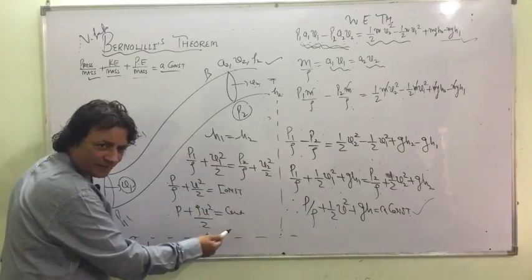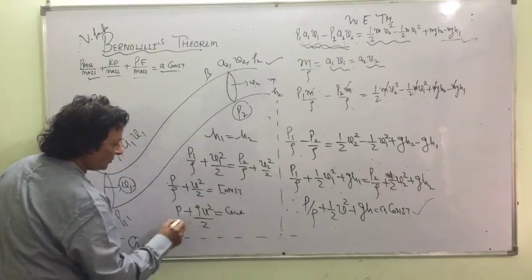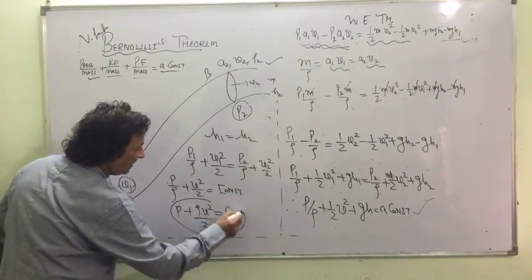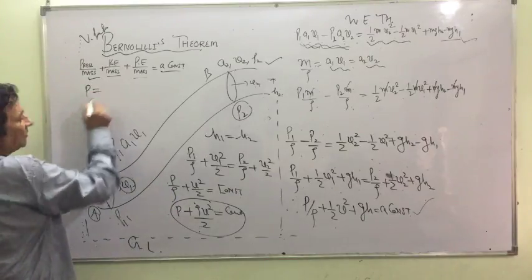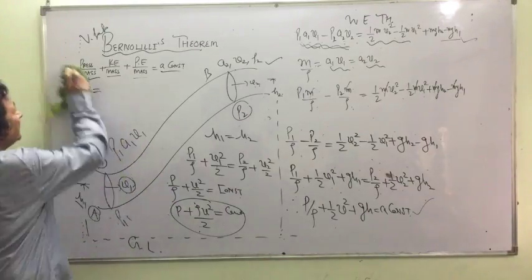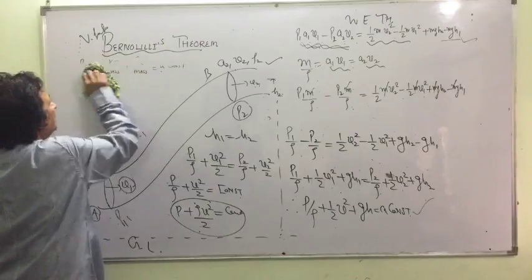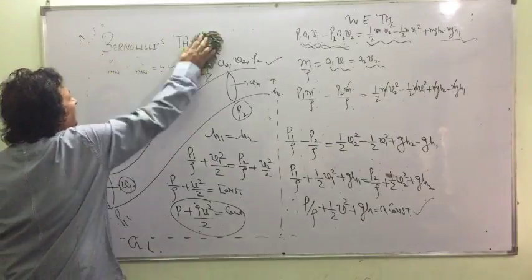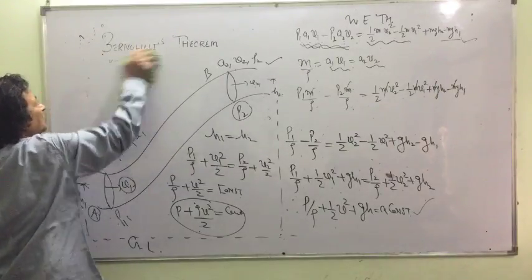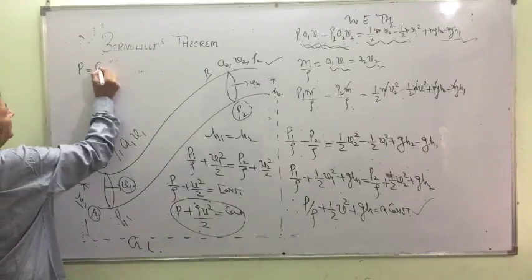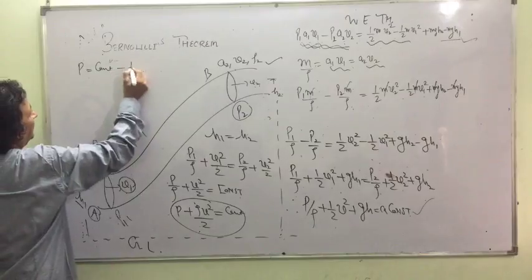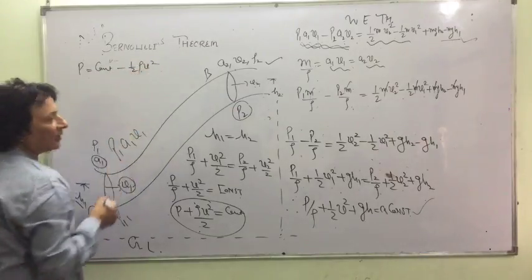Constant into constant is another constant. So students, what do you find from here? You find that pressure is equal to constant minus half rho V square. Pressure is what? Constant minus half rho V square.